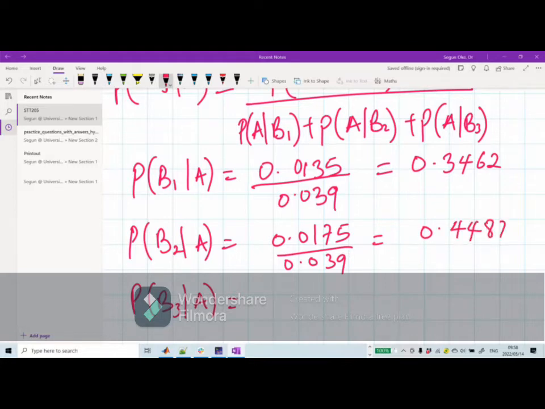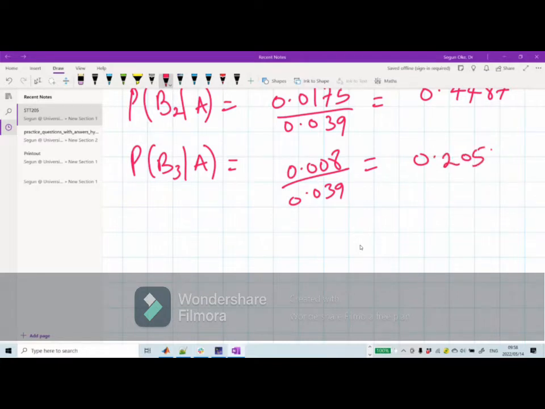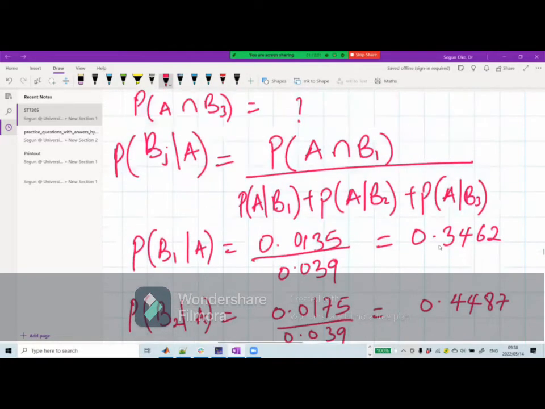The third one, 0.2051. Okay. Now you go and place it there, to each of the values here.